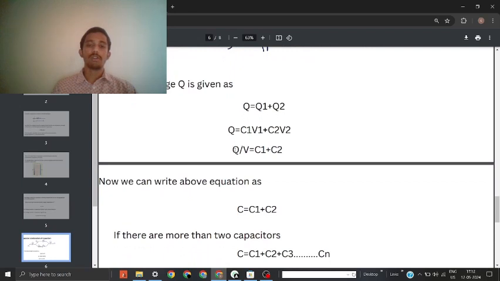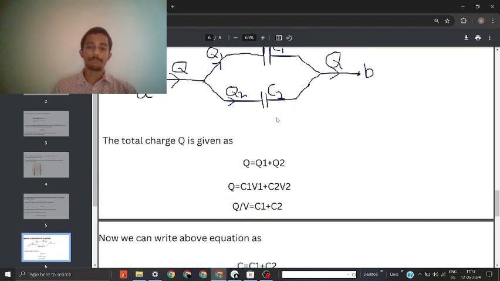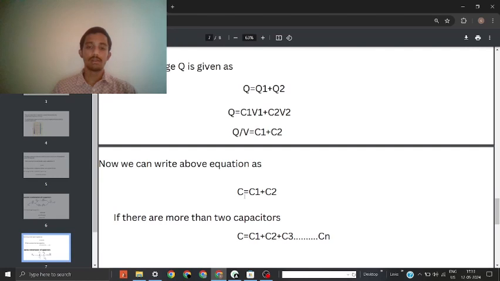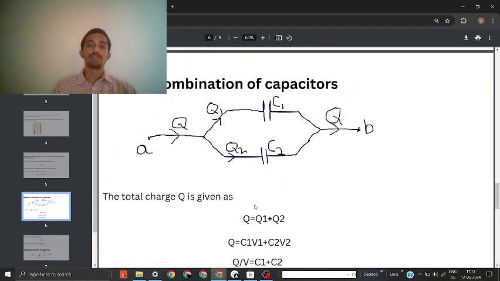So Q by V is equal to C equivalent of the whole capacitor, I mean, this whole setup. So C equivalent is equal to C1 plus C2. Now assume that there are more than two capacitors.